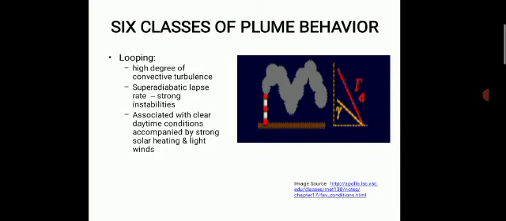There are 6 classes of plume behavior. First, looping. Pollutants released into an unstable atmosphere form looping plumes.